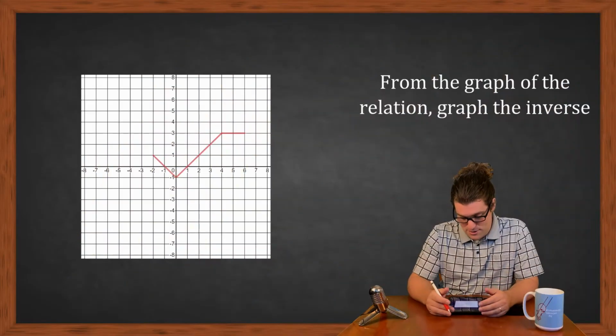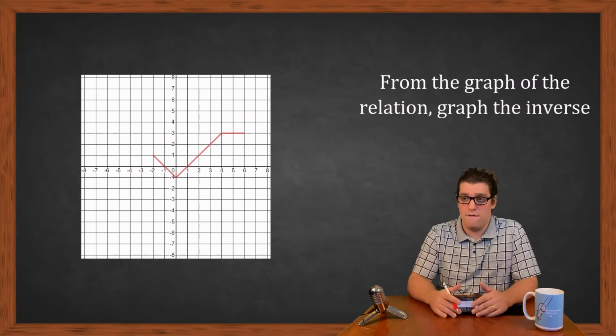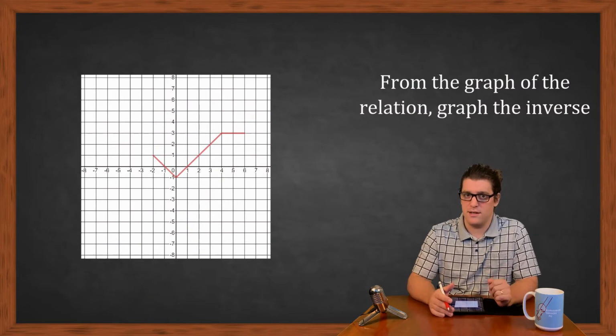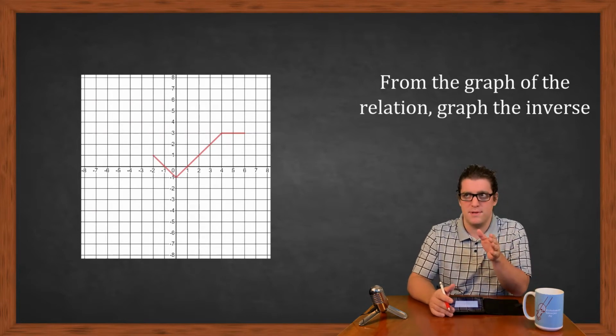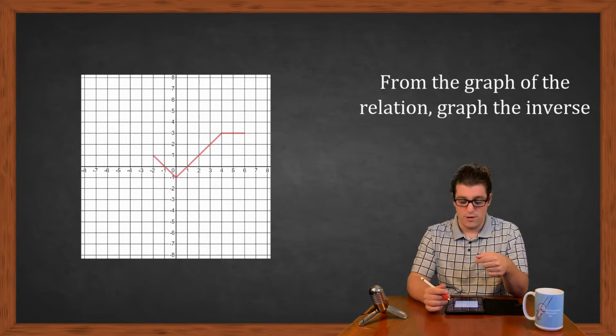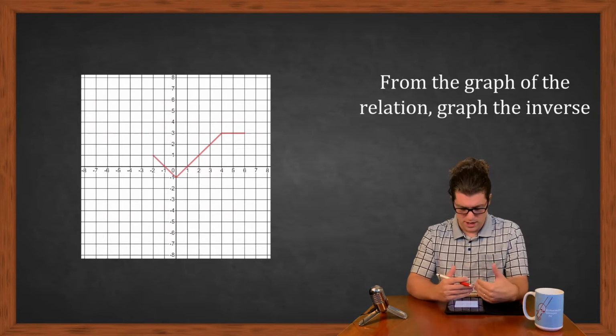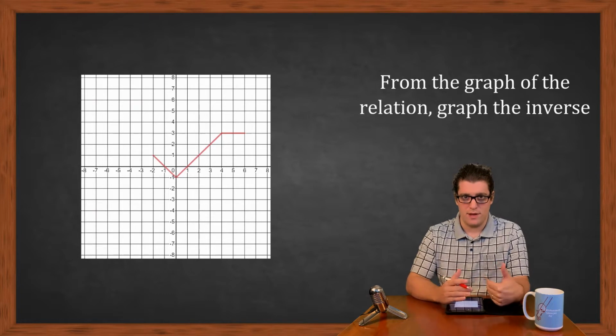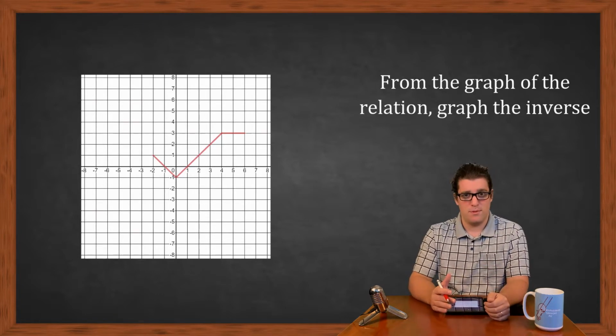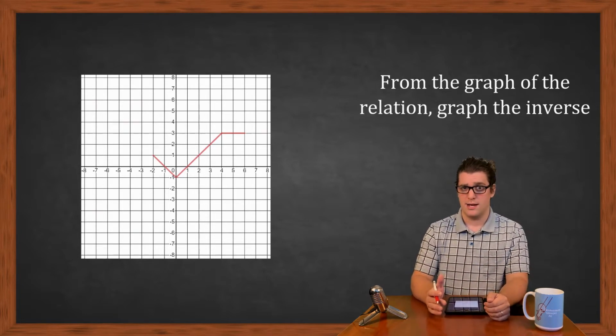All right, so I have a graph of a relation. Now, technically, this is also a function. For any particular x value, there is one and only one y value. If we comb through this from left to right, some people might do something called a vertical line test.